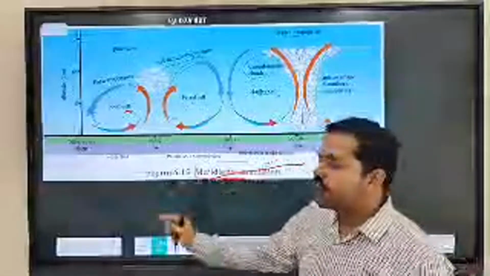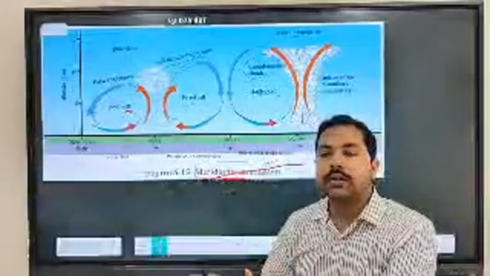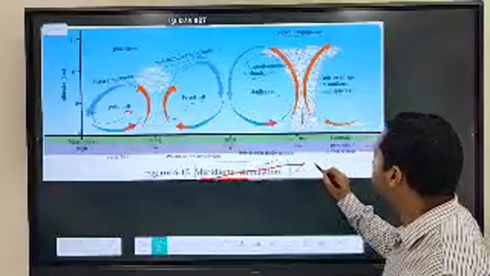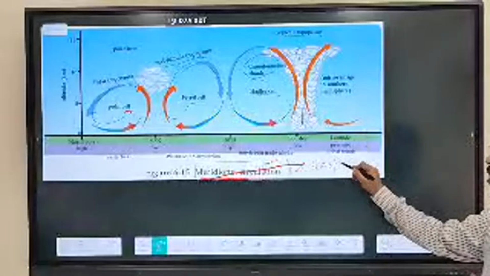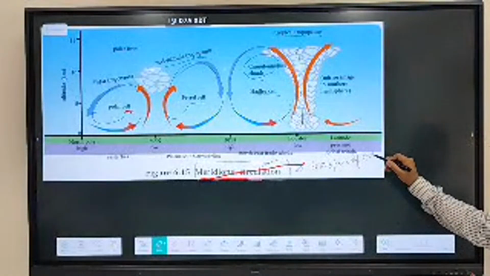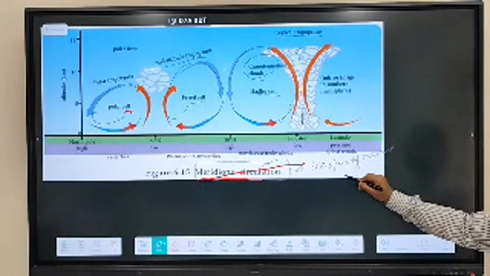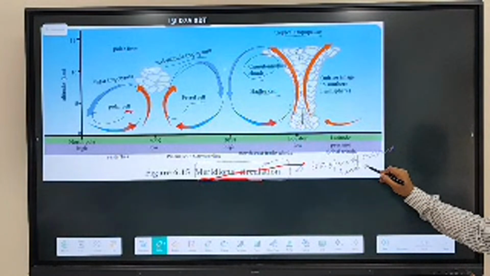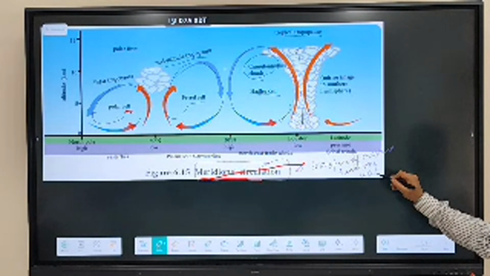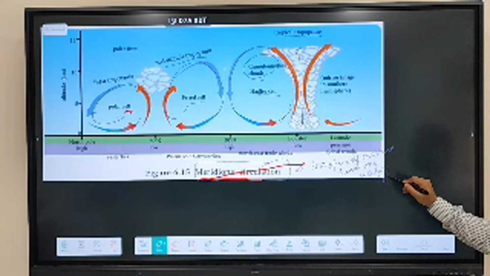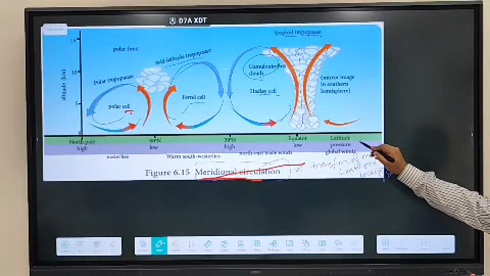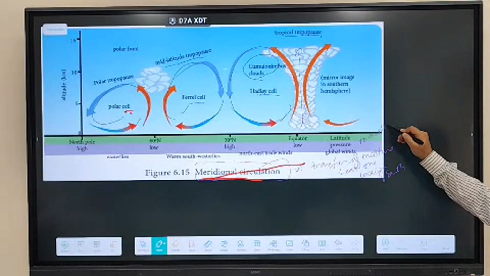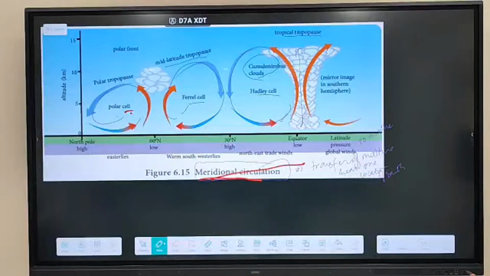Because they are helping in transfer of moisture and heat from one location of Earth to another location. So that's why these are referred as meridional circulation.